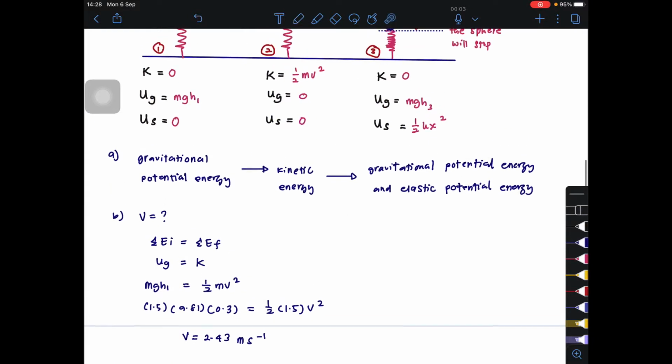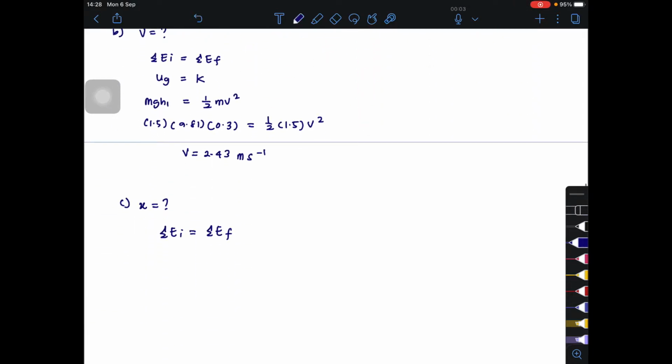So initial tadi yang terlibat hanyalah kinetic energy, dan final potential energy untuk gravitational and elastic. So masukkan kinetic energy initial is equal to UG plus US.